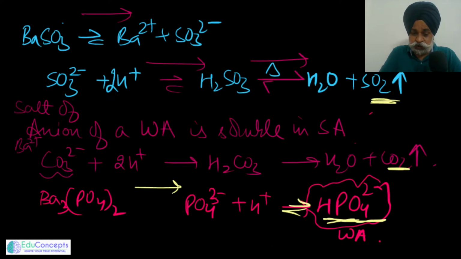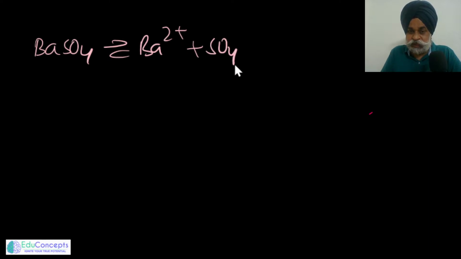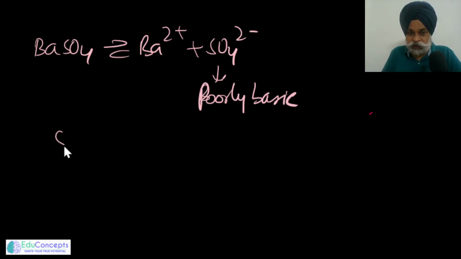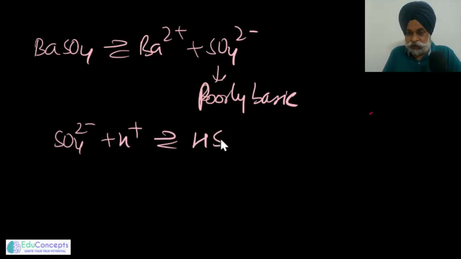Barium sulfate's solubility does increase in acidic solution because you would get barium plus sulfate ion, but sulfate ion is very, very poorly basic. It has very little tendency to pick up H+ and change into bisulfate. Since it is poorly basic, this equilibrium would not shift that much as in the previous cases.